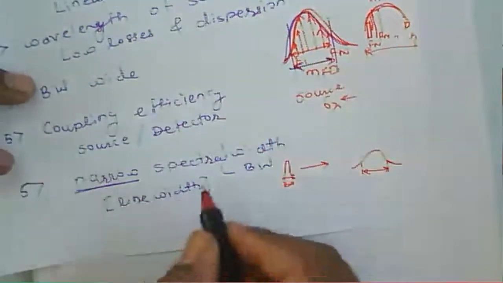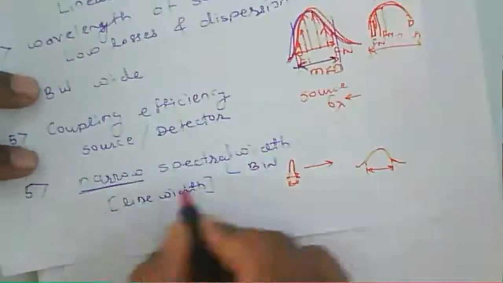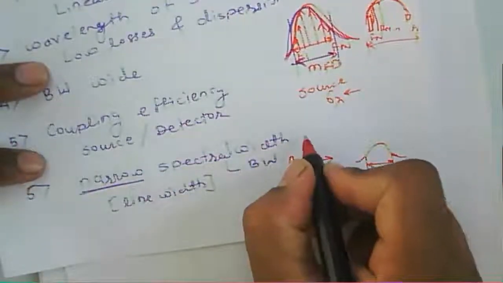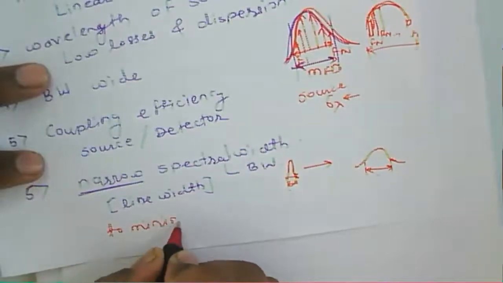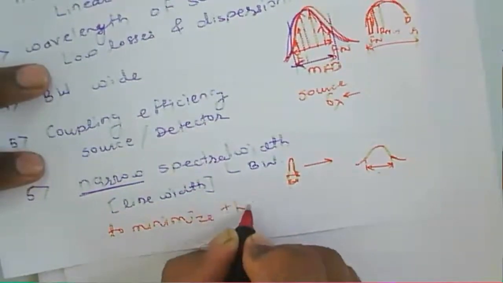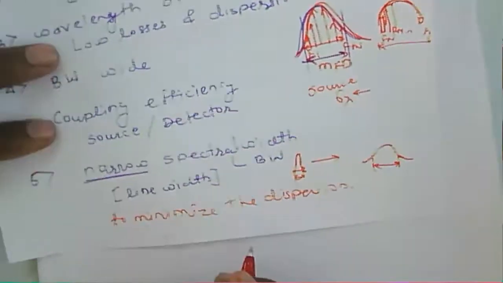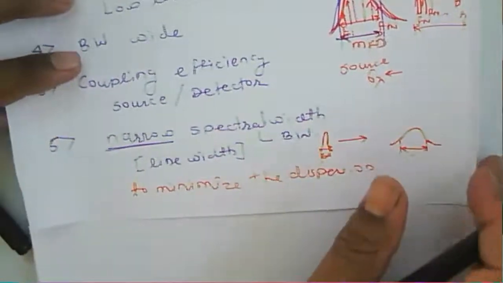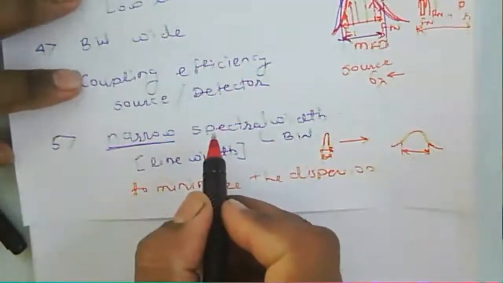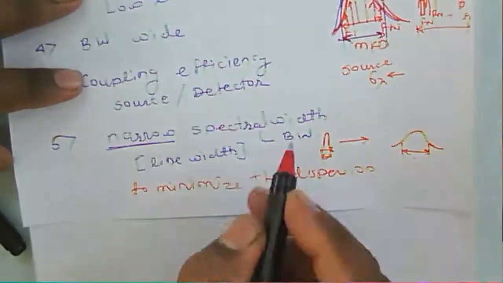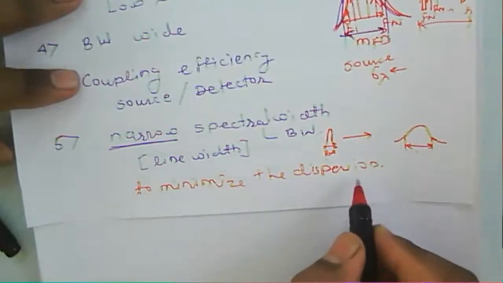Means to minimize the dispersion, a narrow spectral bandwidth or spectral width is required. So whichever source we select, that source has a narrow spectral bandwidth, and that will be used to minimize the dispersion.